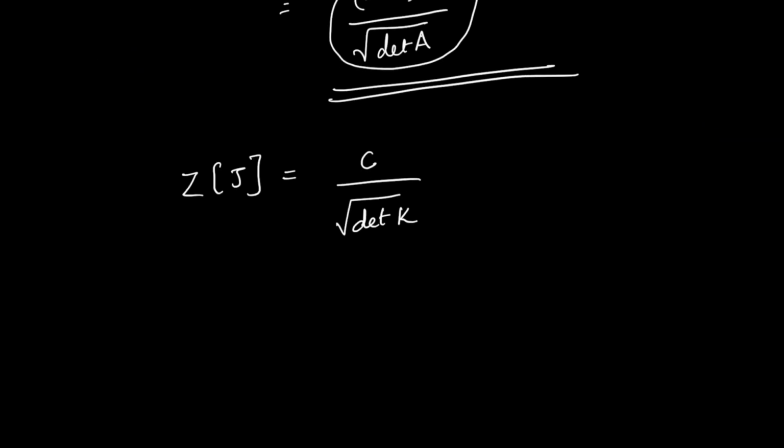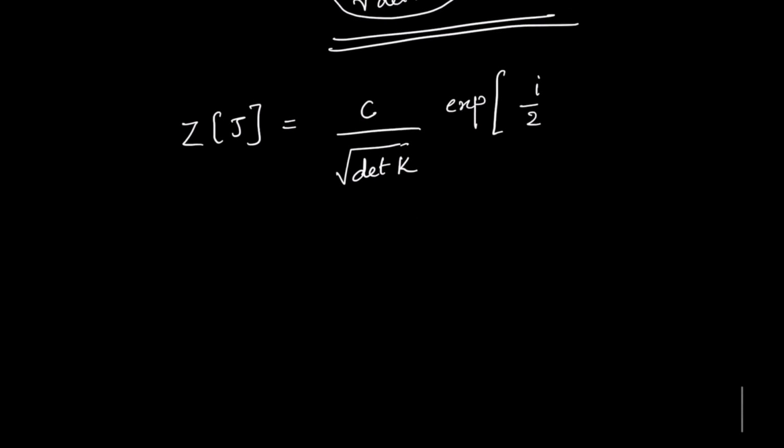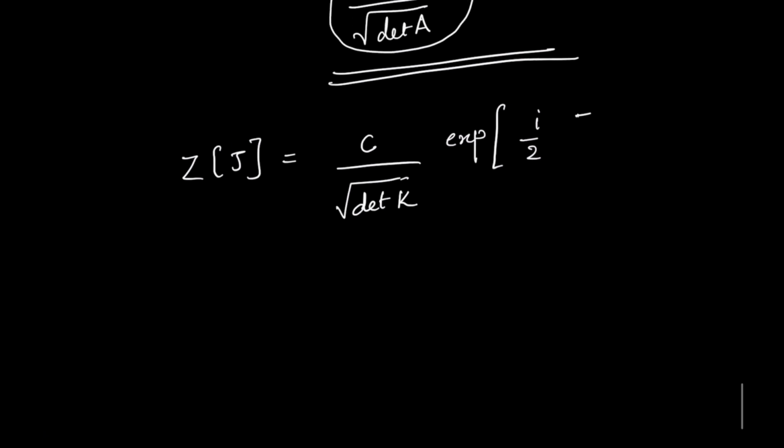So determinant K, then exponential of i by 2, then J K inverse J. So this is shorthand notation. There is an integral always there. In shorthand notation I am just writing J K inverse J.